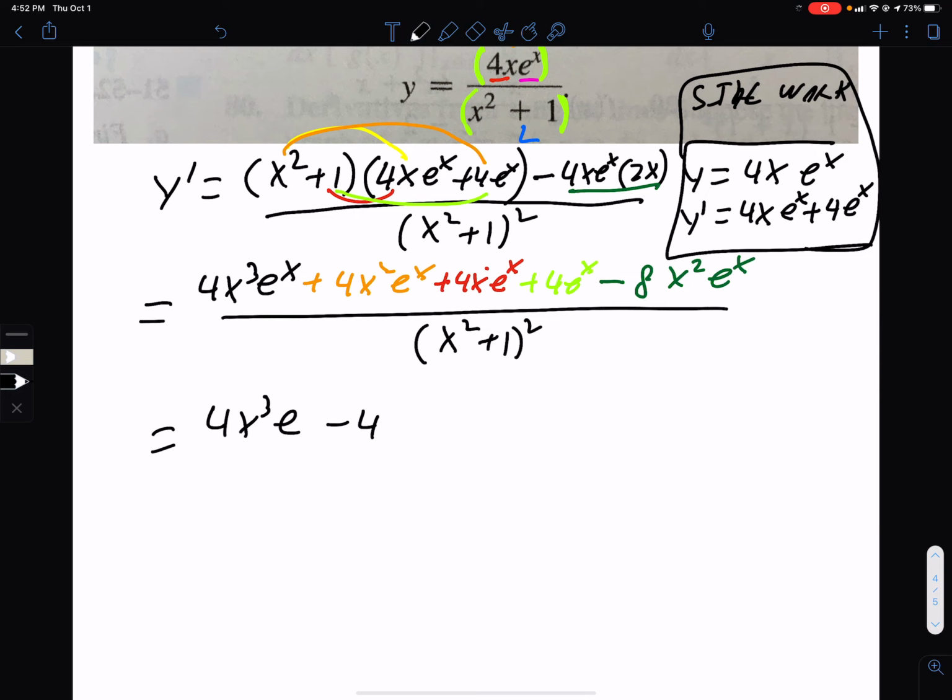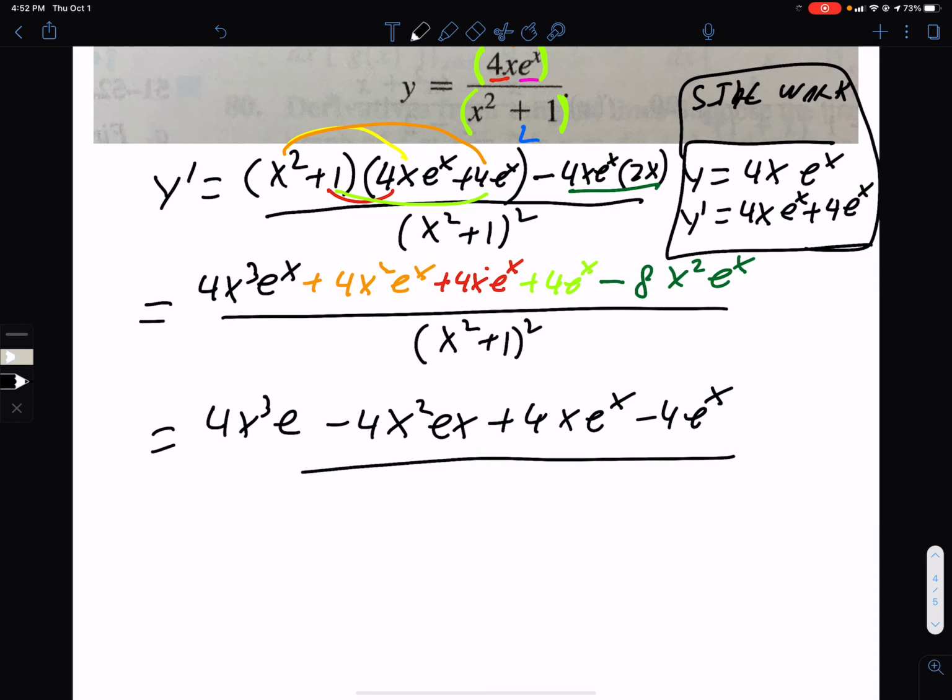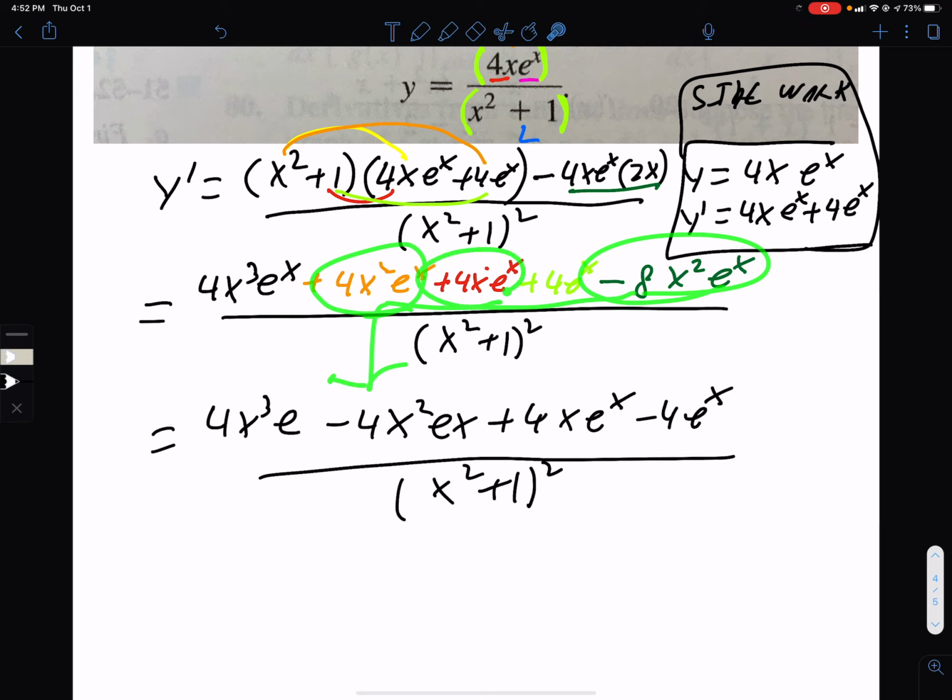Negative 4x squared e to the x plus 4x e to the x minus 4 e to the x, all over this. And let me show you what happened. I combined that and that to get negative 4. Everything else copied down. Oh, that's a plus there, huh? Good thing I double checked.